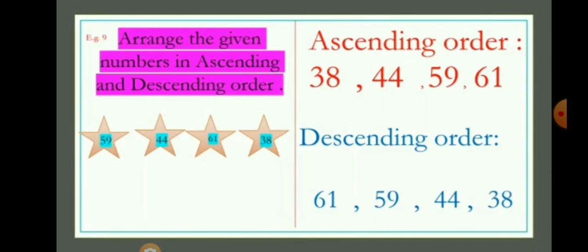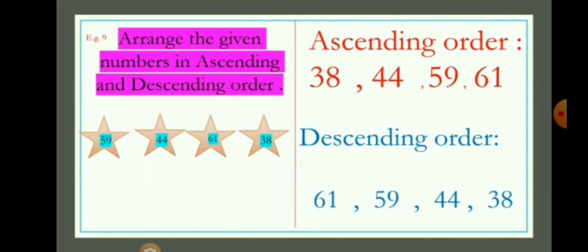The next smaller number is 44. Then comes 59. And the biggest of all is 61. The descending order will be the opposite of it. 61 is the biggest. It comes first. Then 59 and 44. And the smallest is 38.